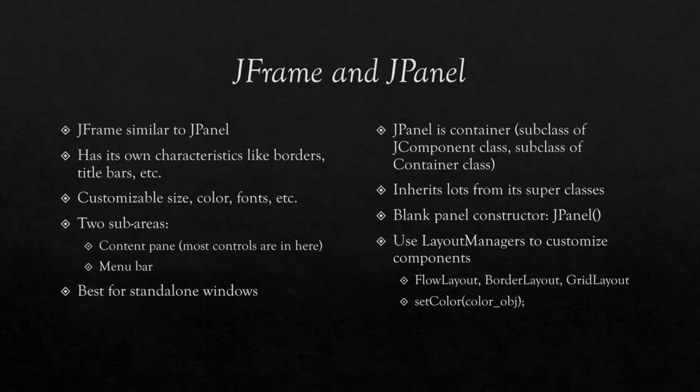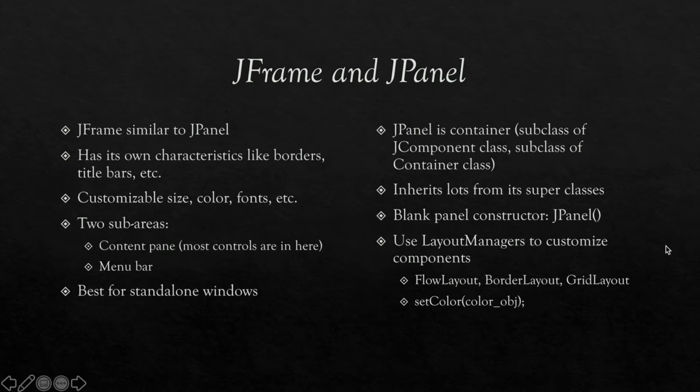To create a JPanel, you will need a blank panel constructor here. By default, it will be opaque, but you can obviously customize that however you wish. To customize components, you will need layout managers such as flow, border, and grid layout.